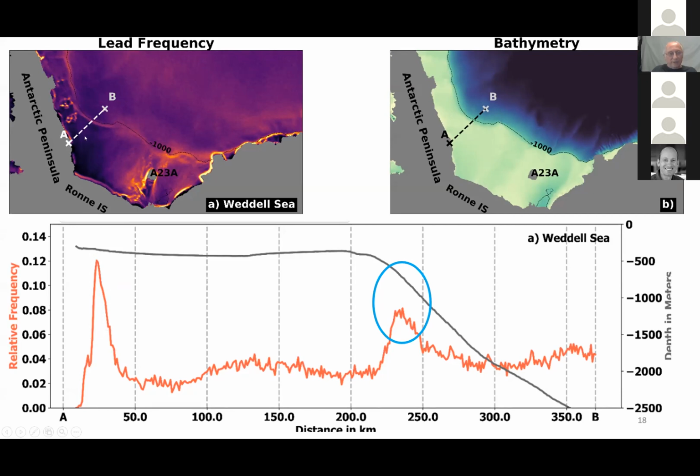Close to the coastline we see one peak, which is associated with the coastal polynyas, which are also seen here. When they form, they may also fit the criterion of a lead when they are quite small. So we see it also in the data. But the second peak here is exactly where we have the shelf break and this change in the topography.